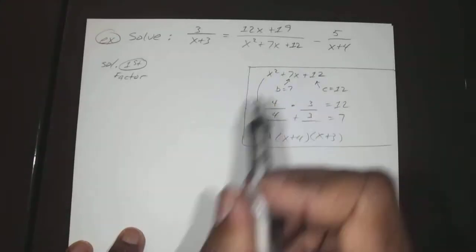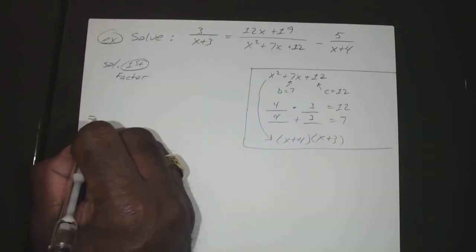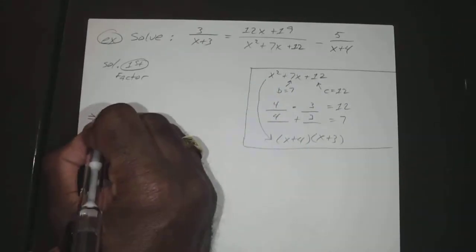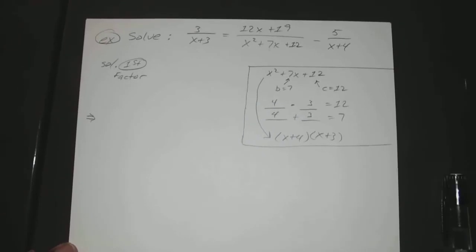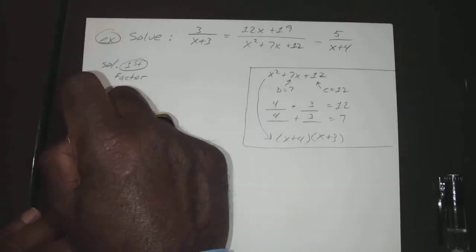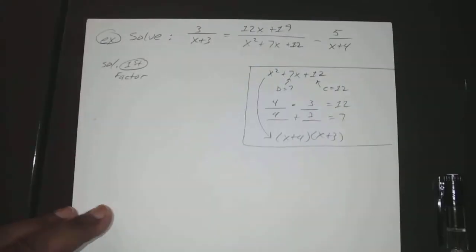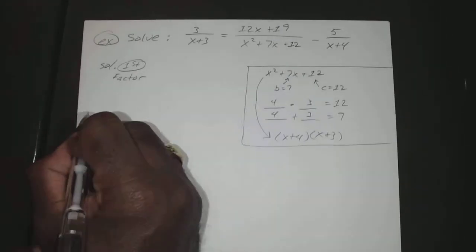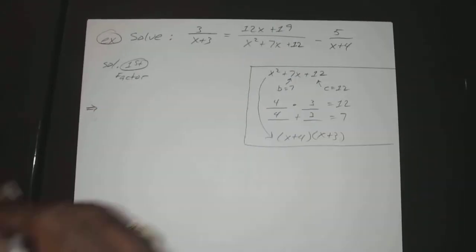Okay, so we can go ahead and rewrite that using our factored denominator. Let me bring that down a little bit since it's going to run into my little box there. Actually, I have enough room. I can just rewrite it.